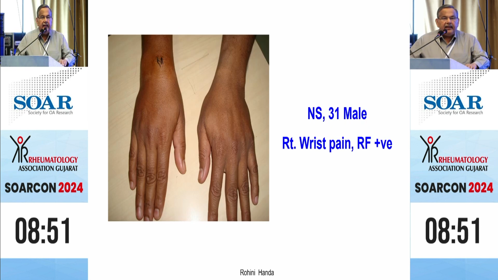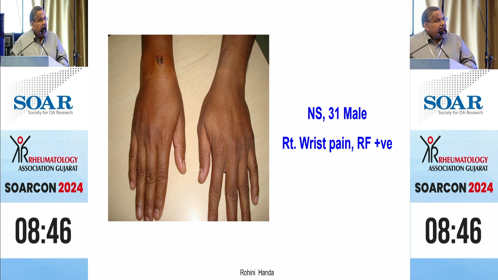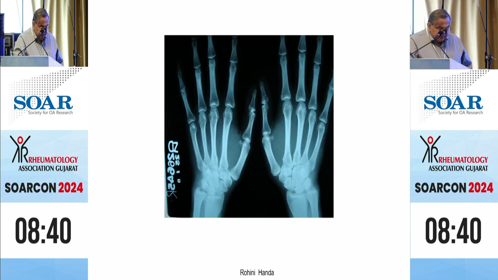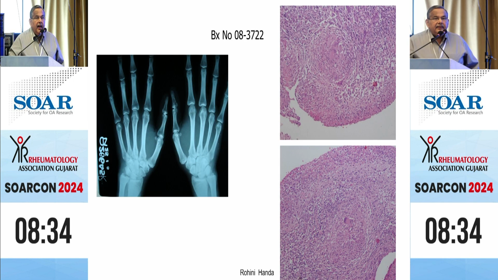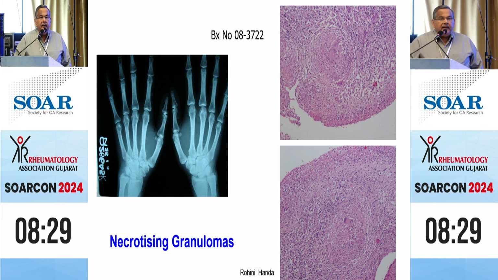And this is an example of a young man who presented with right wrist pain, was started on low-dose corticosteroids, and hydroxychloroquine did not improve. This is his X-ray. You can notice some carpal crowding here, and this is a biopsy that was obtained from the wrist: necrotizing granulomas.